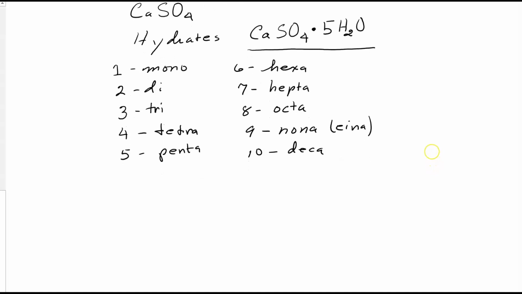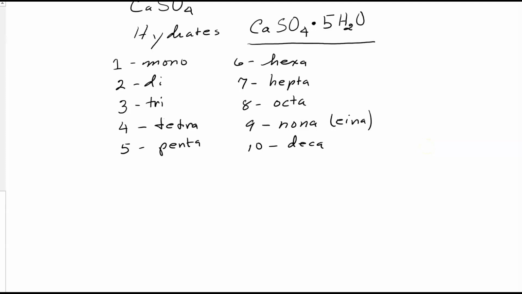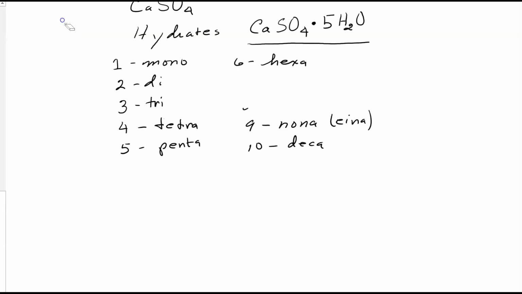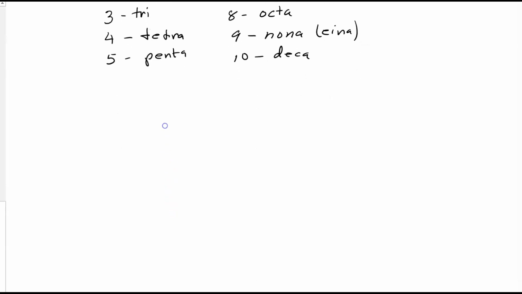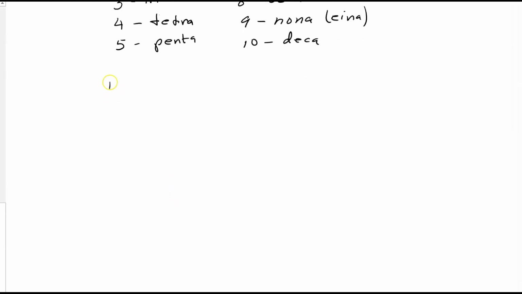So we could have some compound, and it would be an ionic form in this case, that would incorporate any of these particular structures with water. So here's an example of a compound. Let's do this down here. I'm going to have an ionic compound, Na2SO4 dot 10 H2O.